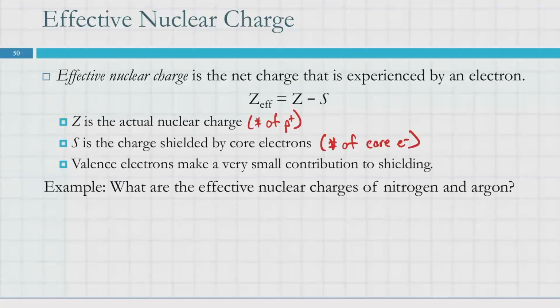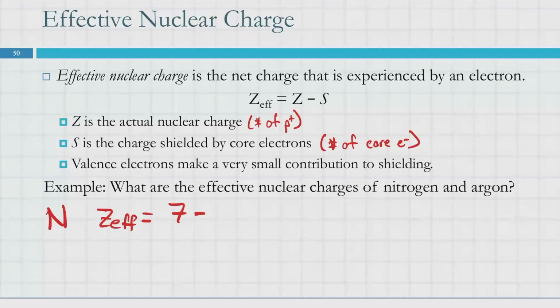So we're going to take two elements and look at them as an example. We've got nitrogen and argon. For nitrogen, how many protons? Nitrogen has 7 protons. Its atomic number is 7.